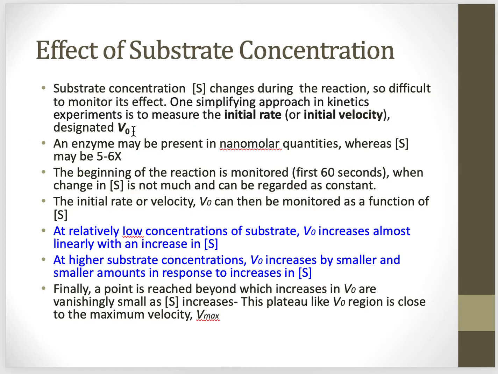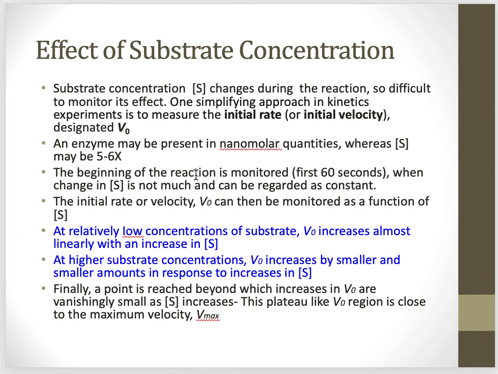In a reaction, an enzyme may be present in nanomolar quantities, that means a very low amount, whereas substrate may be 5 to 6 times higher than the concentration of the enzyme. So what happens in the beginning?